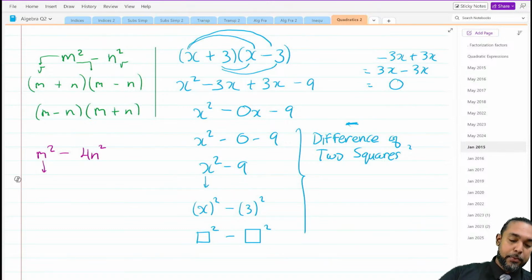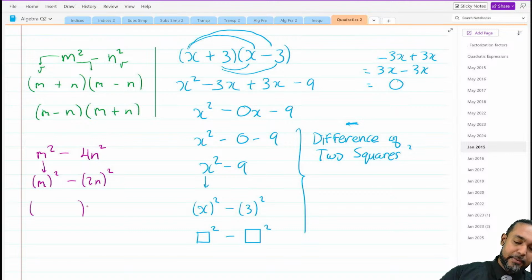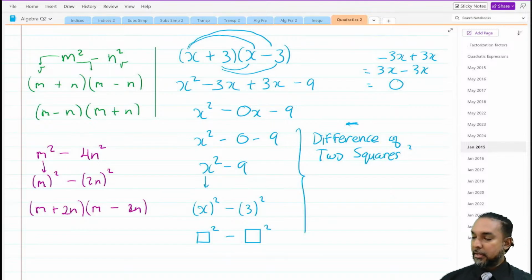So you could rewrite m squared as m in a bracket with a square on the outside. What about 4n squared? If it's the square root of 4, what do you get? 2. And the square root of n squared gives you n. So once you express it like that, you can write the answer quite simply: m first, 2n second, a plus in one bracket and a minus in the next one.